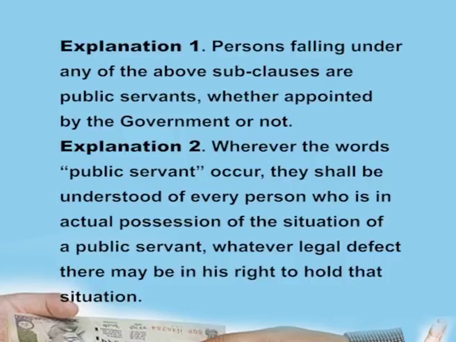The explanation says persons falling under any of the above sub-clauses are public servants whether appointed by the government or not. Explanation 2 says wherever the words public servant occur, they shall be understood of every person who is in actual possession of the situation of a public servant, whatever legal defect there may be in his right to hold that situation.